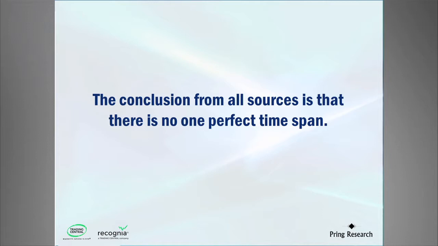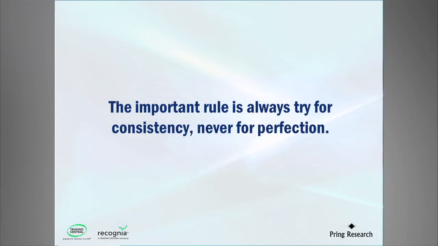What may work extremely well in one market over one specific period of time is unlikely to be duplicated in the future. When we talk about choice of time span, we're really trying to identify a moving average that will work most of the time with a specific time frame, that is, short, intermediate, or long. The important rule is always try for consistency, never ever for perfection. Now I can't stress that enough, because perfection just does not exist in psychologically driven markets.